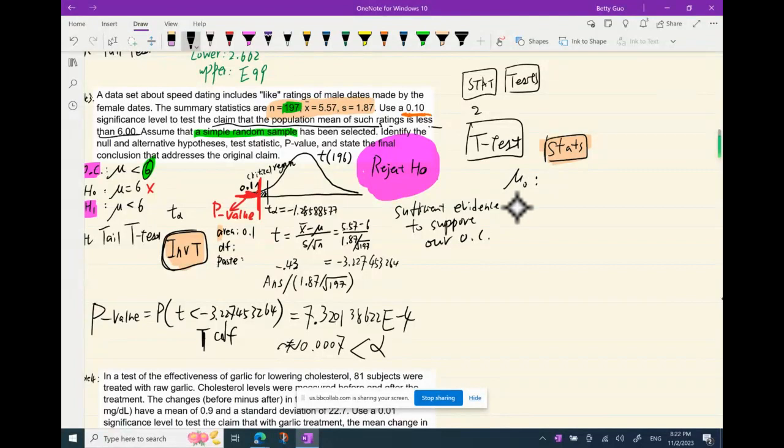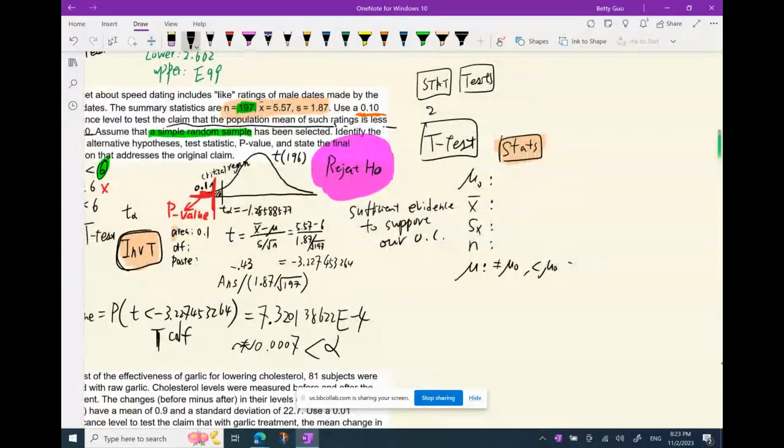Once you confirm Stats, you would see the entries that we need to enter values for: mu sub 0, x bar, s sub x, n, and mu. Is it mu not equal to mu 0, less than mu 0, or bigger than mu 0? The last row is Calculate. I never use the Draw.